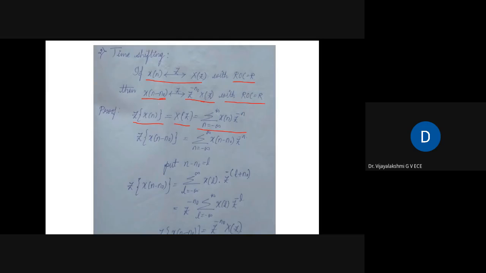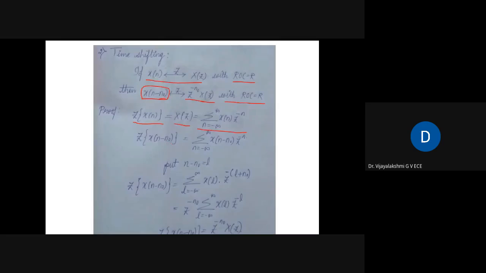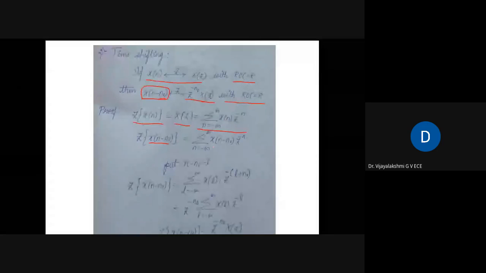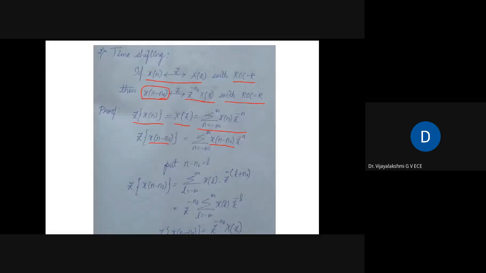Now I am taking the Z transform of this shifted sequence, Z transform of x of n minus n naught. So here, in place of x of n, I take the corresponding signal: summation of x of n minus n naught into z power minus n.